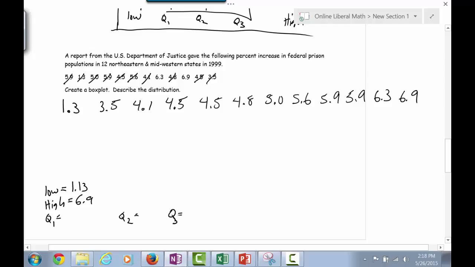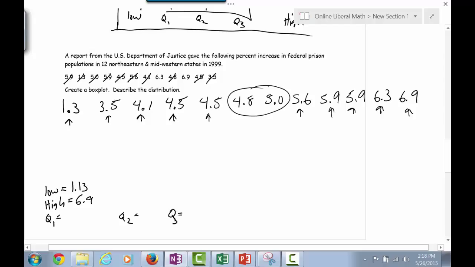Okay, so Q2 is the one to start with here. There's 12 numbers, so I want the middle most. The first 2 partner up, then the second 2, and the third 2. I keep partnering them up until I get to the middle 2.